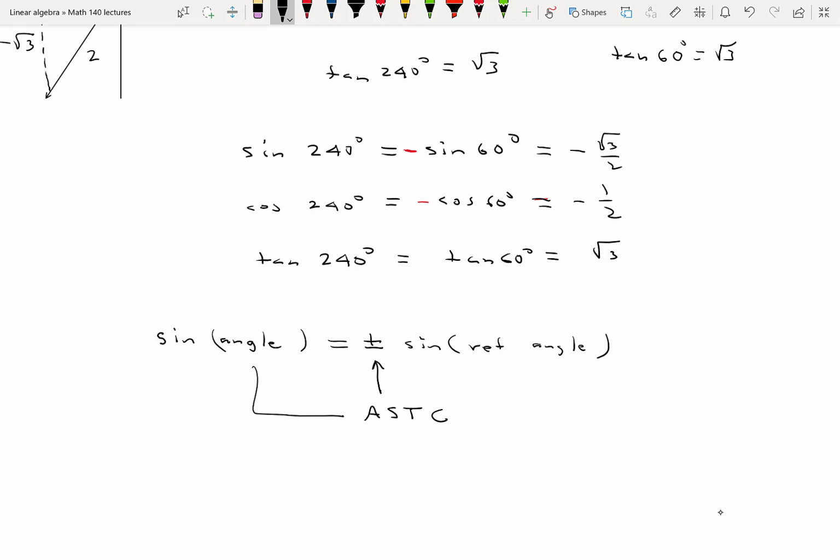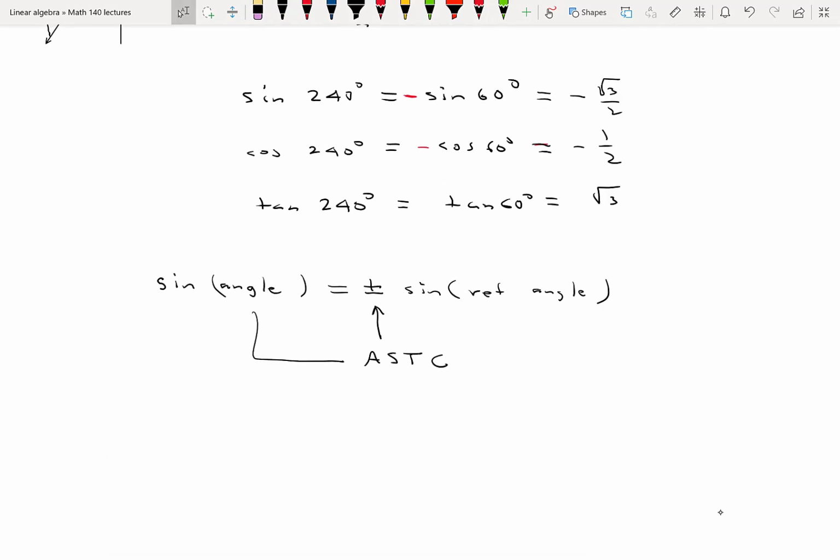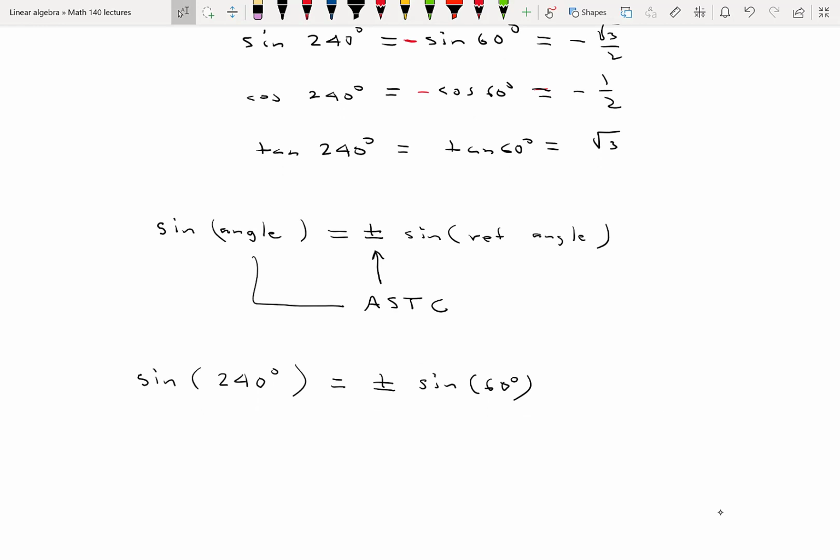Okay, so how does this work? This last device. This is how it works. The sine of 240 is going to equal either plus or minus the sine of its reference angle. The reference angle for 240 is 60 degrees. And that plus or minus is determined by where the angle 240 is. What quadrant?